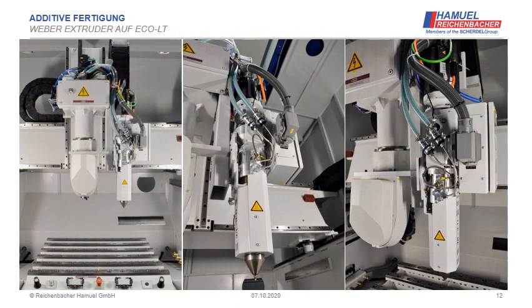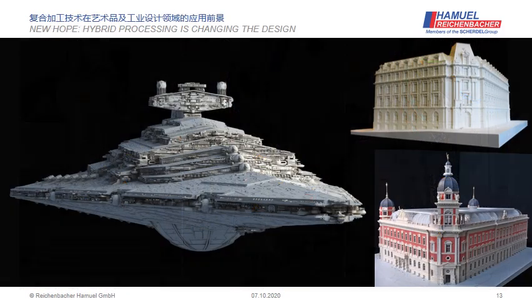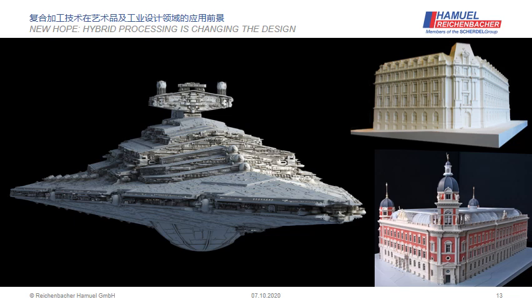And this is the picture of our new machines, 3D printing combined, or hybridized, with five-axis machining. So this new technique gave us a new hope. If you are a designer, you don't have to assemble such a lot of small, tiny things on your model.